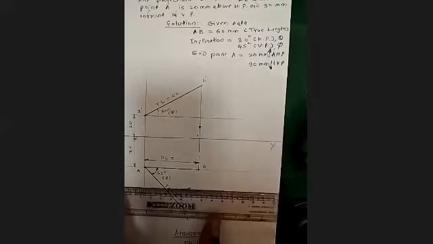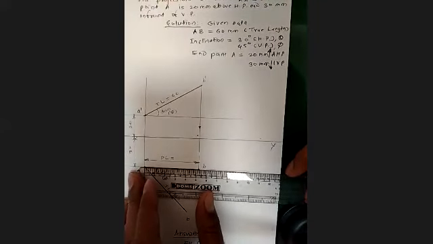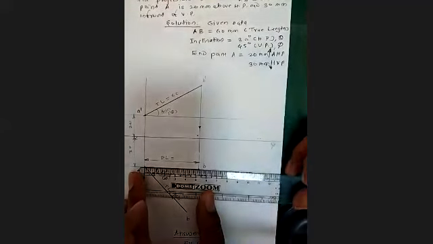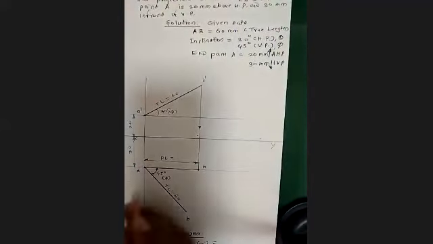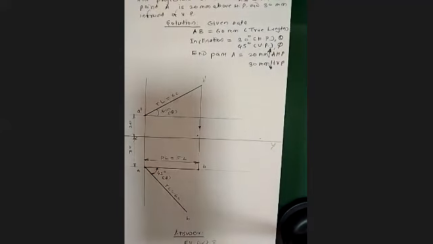So in my case, how much am I getting? Let me check. I am getting 52, right? So 52 is my PL. So this I am getting 52. Okay. PL.